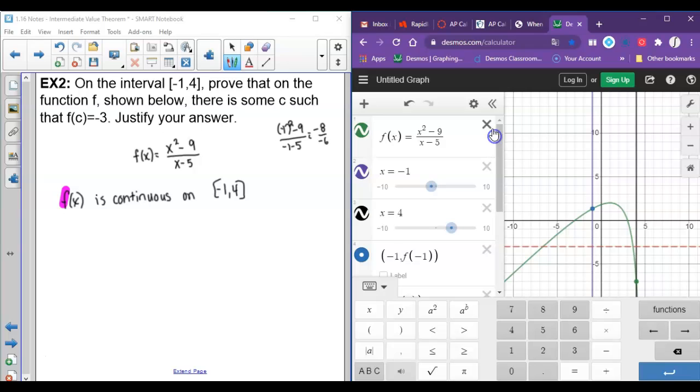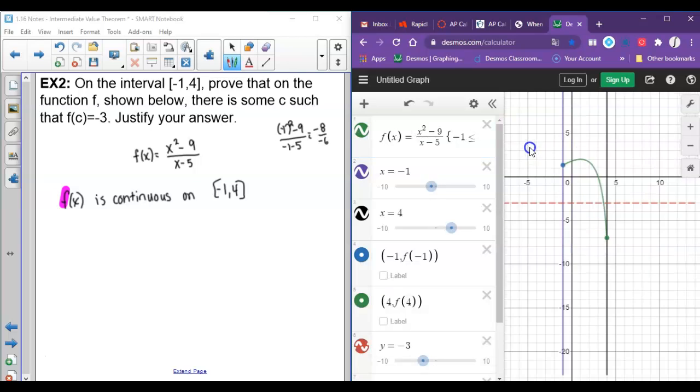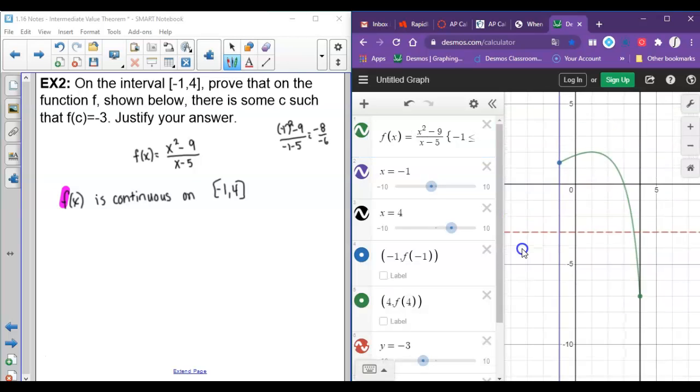And in fact, let me just go ahead and restrict my domain here to -1 less than or equal to x less than or equal to 4. So we're only seeing that part of the graph that we're talking about. So that way we can zoom in a little bit more. So if we're going from up here to down here, do we have to cross that red dotted line? And of course the answer for that is yes.